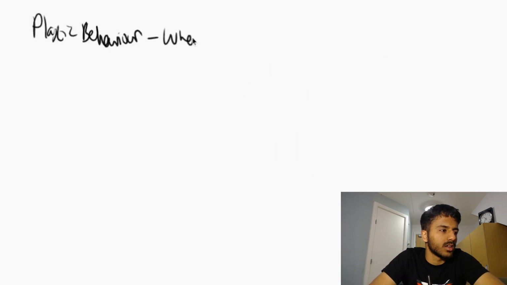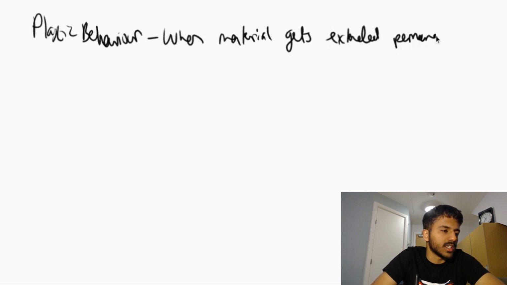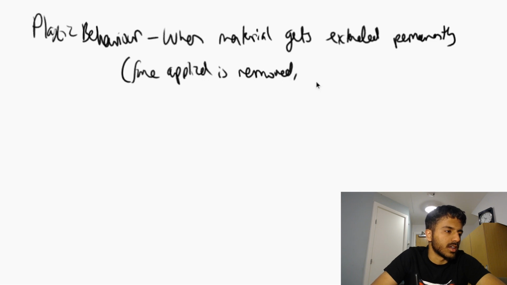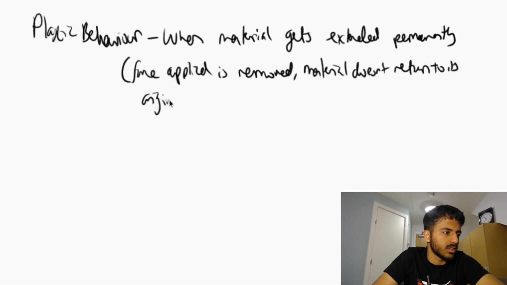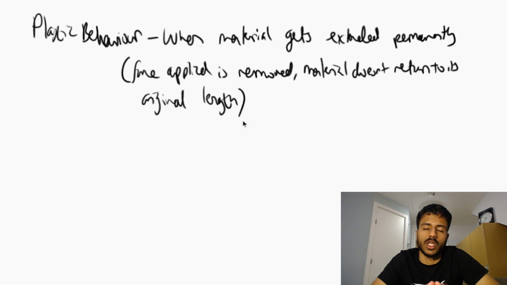And this is when the material gets extended permanently, which is basically where, when the force applied is removed and the material doesn't return to its original length, it will return to a length that is usually longer than what it originally started off at.